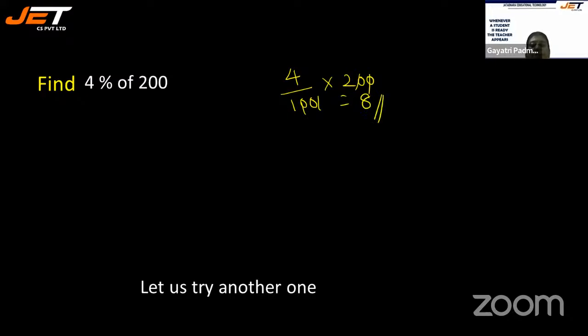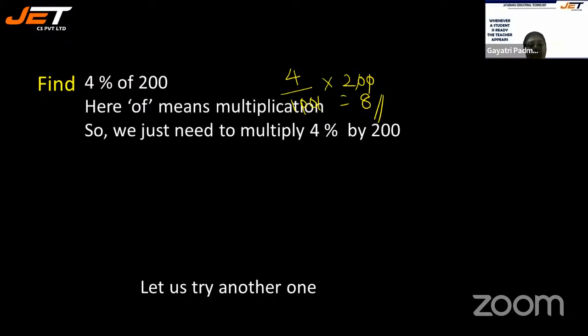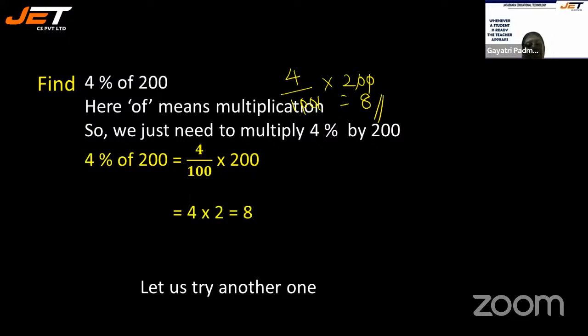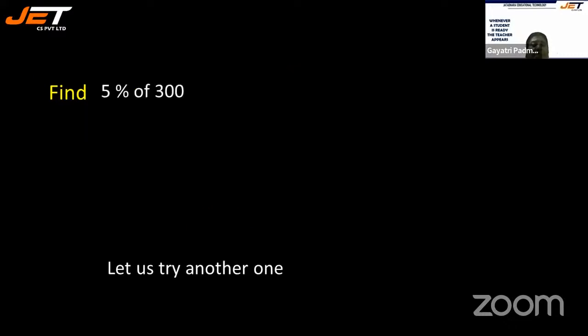Here you should not put a percentage, because from a number you are taking the percentage. So your answer should be just 8. If you have got 8 as your answer, then it is perfect.